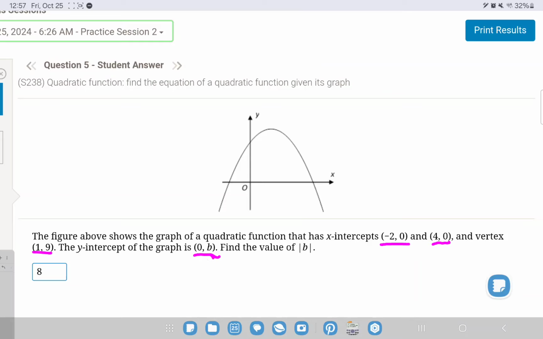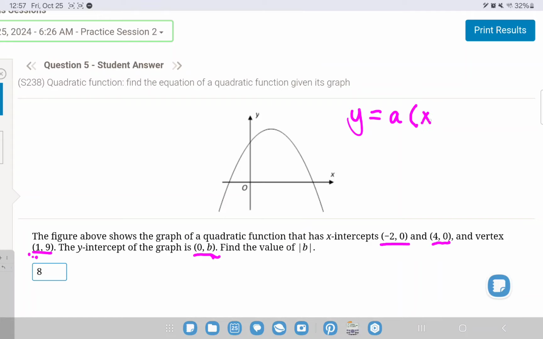What you do here, you write your equation with the given values, which is this. Like we said, y equals a, we don't know a yet. They didn't give us a. They gave us the vertex, which helps us find h and k.